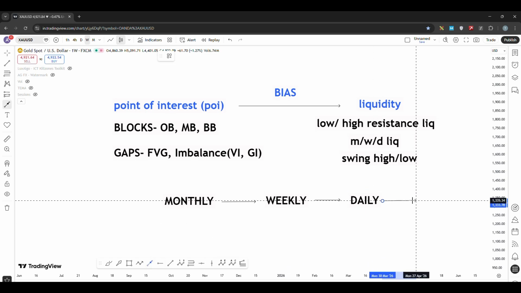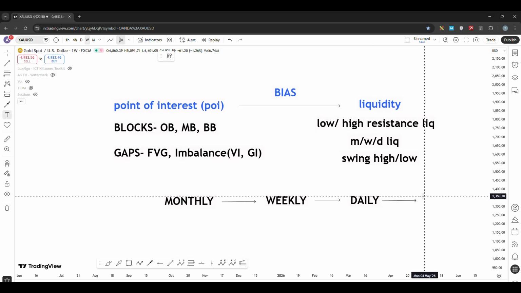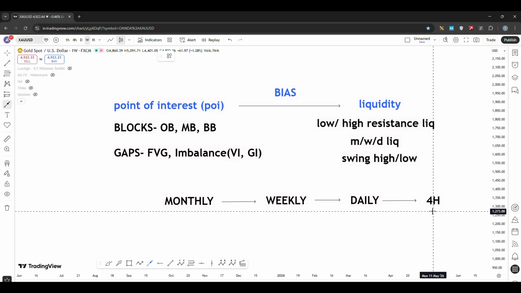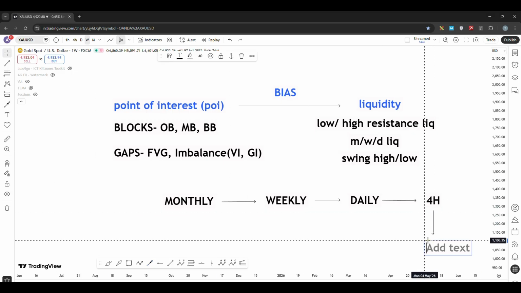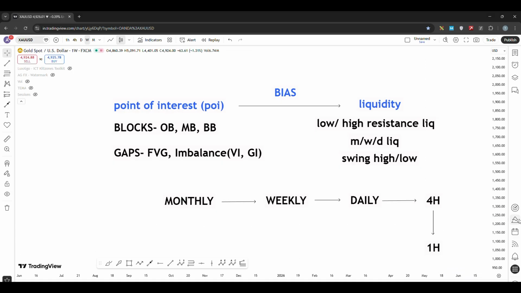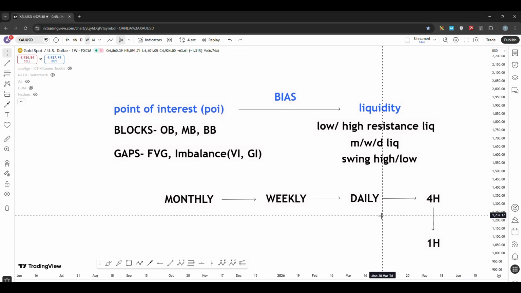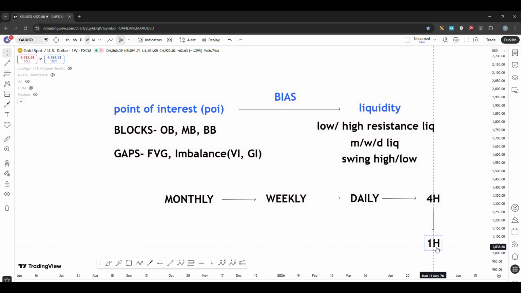Then we go to the 1 hour time frame, and 1 hour is the last time frame that we watch. Below 1 hour we do not find our POIs or liquidities, because below 1 hour is just for scalpers or high frequency traders. This is not for us.